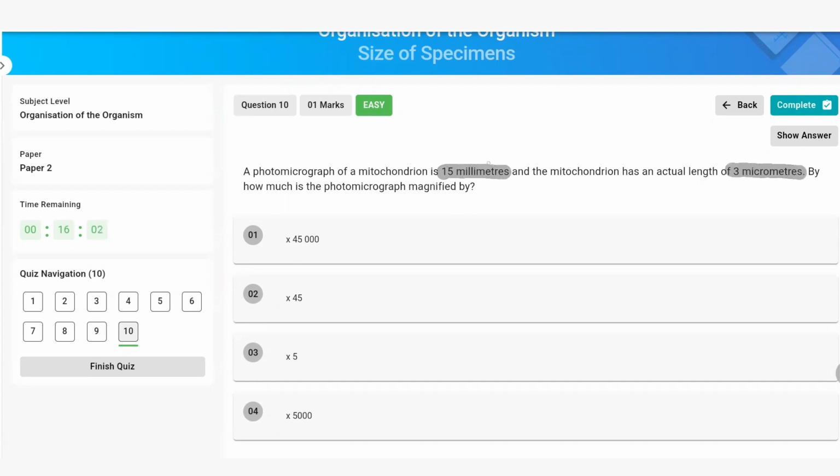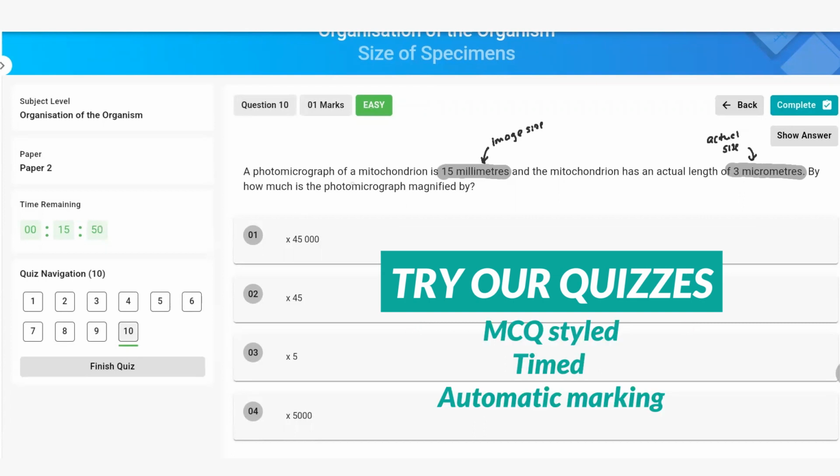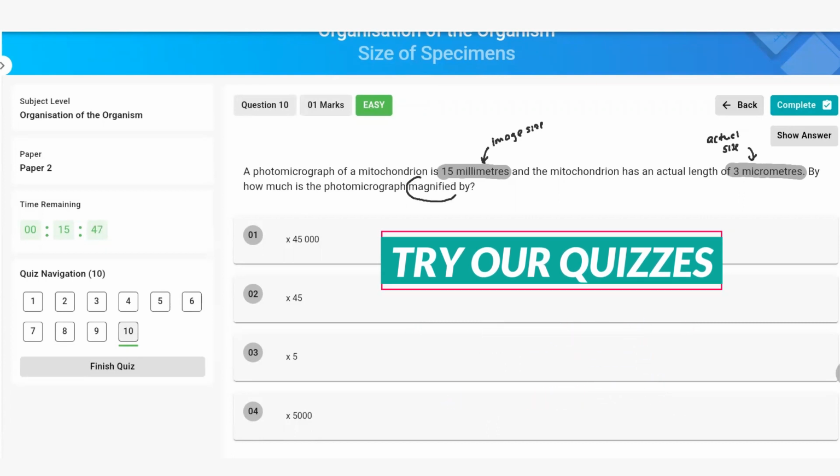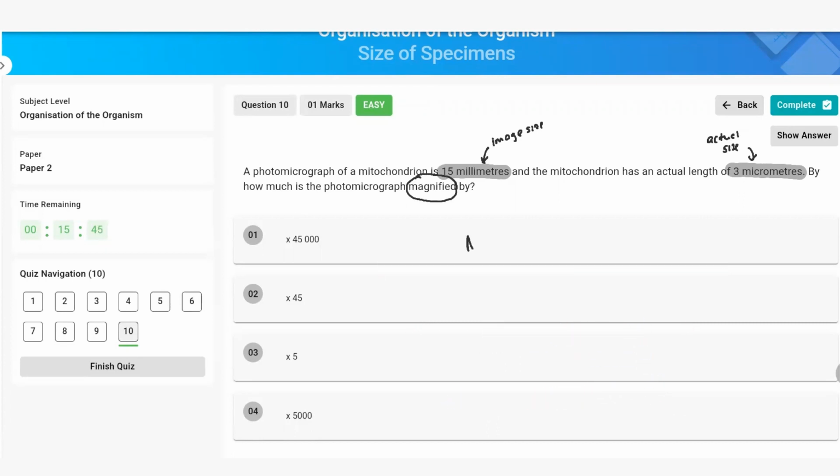So 15 millimeters is the image size, and 3 micrometers is the actual size. And by how much is the photomicrograph magnified? They're asking us to calculate magnification. We all know the magnification formula now: magnification equals image size over actual size.